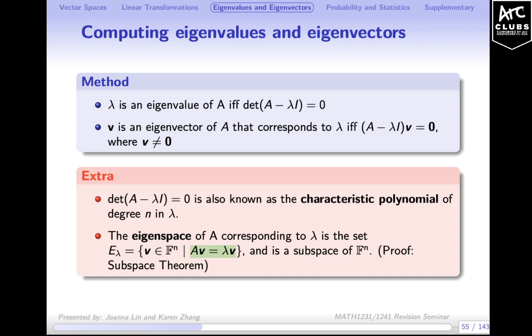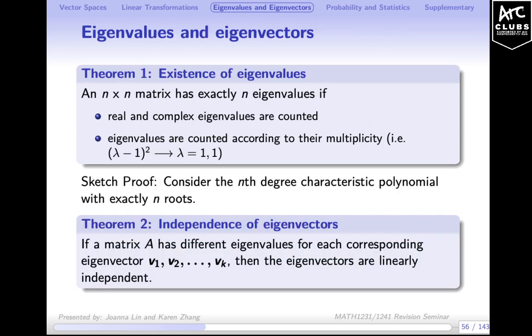You can also use the fact that this set of vectors is equal to the kernel of A minus lambda I, which from chapter 7, you know that all kernels of a matrix are also vector spaces. Again, this is extra, and if you want more proof of that, you can always check out the course notes as well.